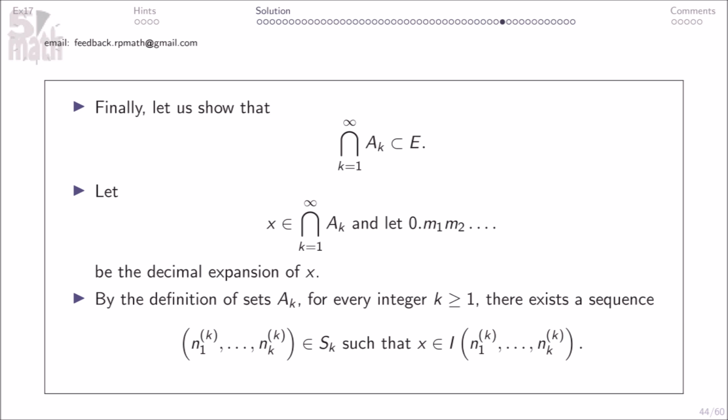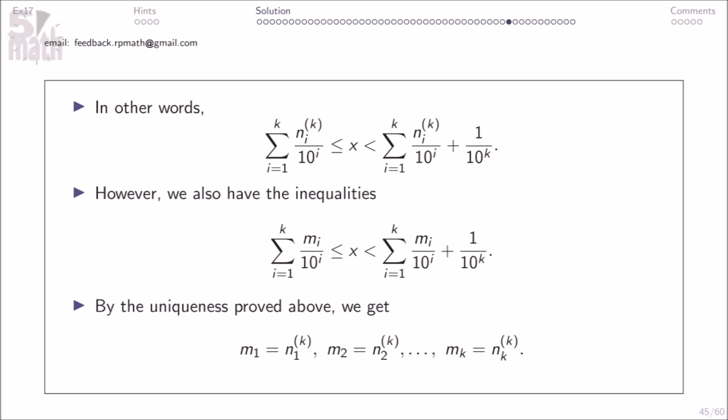Finally, let us show the last inclusion. Let x be an element of this and let this be the decimal expansion of x. By the definition of sets Ak, for every integer k greater than or equal to 1, there exists a sequence such that x is in this. In other words, this.